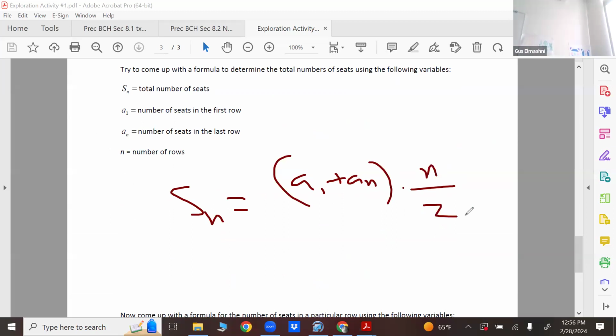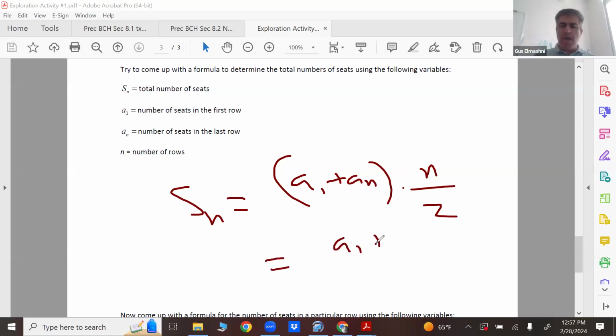The first term is a1, and the last term is the nth term, and I multiplied by 10. Remember, I took 16 and 54, the number of seats in the first row and the number of seats in the last row. I know I have 20 rows, but if I divide that by 2, I have 10 pairs. You take the number of rows, divide by 2, and multiply. That's how the formula is devised.